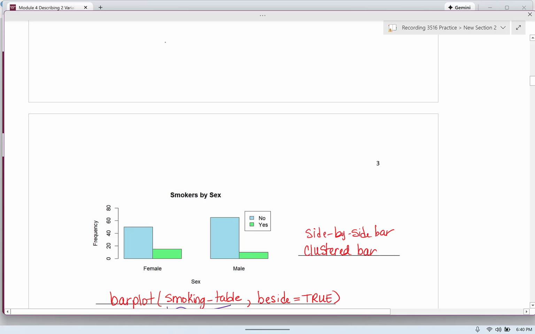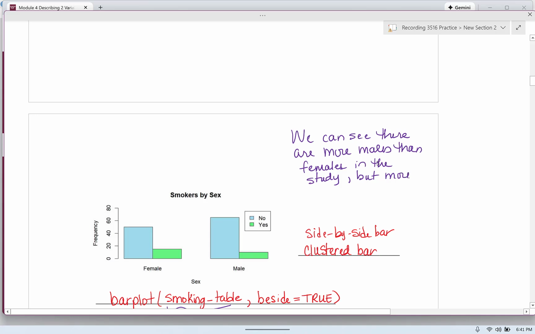So I would make a description of any or all of these. And I would say we can see there are more males than females in the study, but more females smoke.